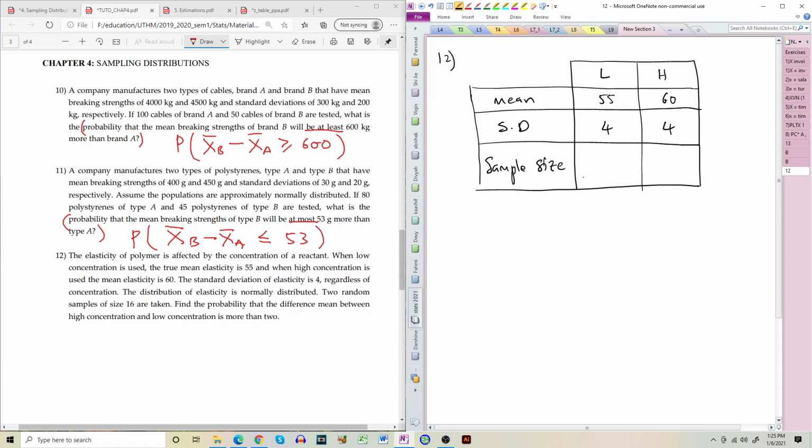Normally distributed, 2 random samples of size 16 and 16 for low and high. Find the probability that the difference between the mean of high concentration and low concentration is more than 2. This is very straightforward. Mean of high minus low is more than 2. Just follow the sentence.